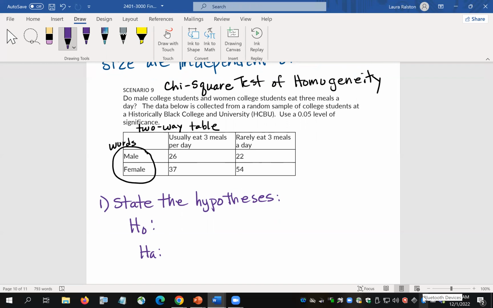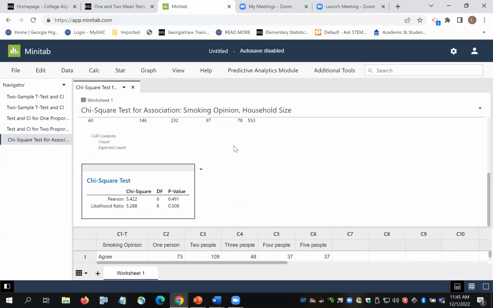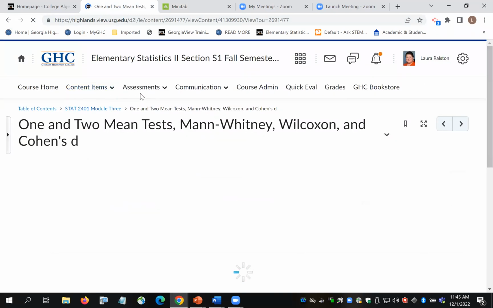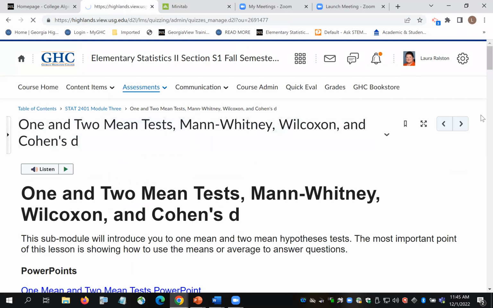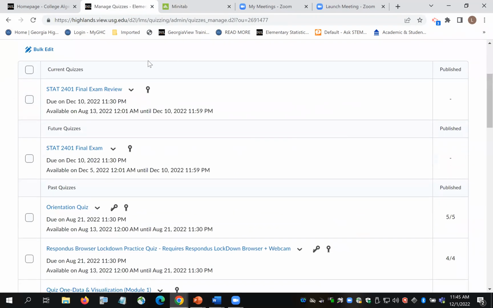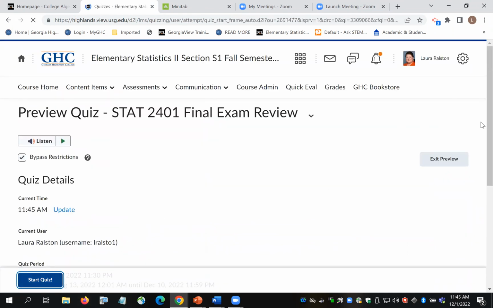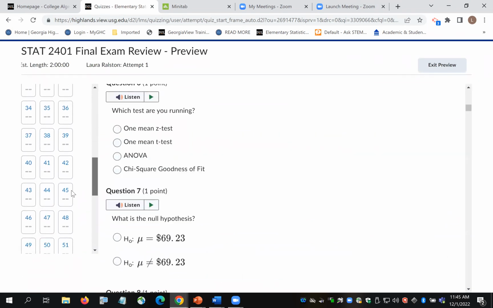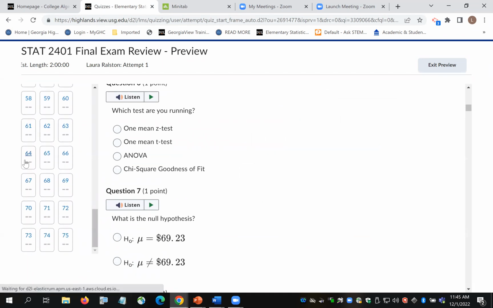We could say male college students and women college students eat 3 meals a day, since we're specifically focusing on 3 meals. Let me go out to this review and double check, so I use similar terminology and avoid confusion.